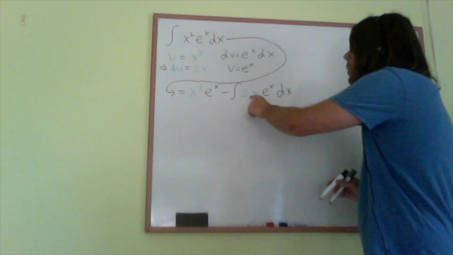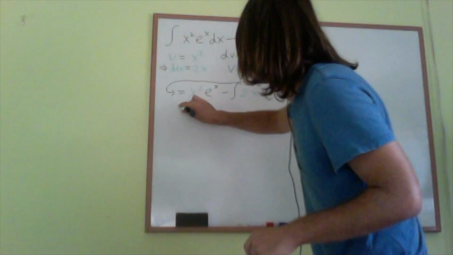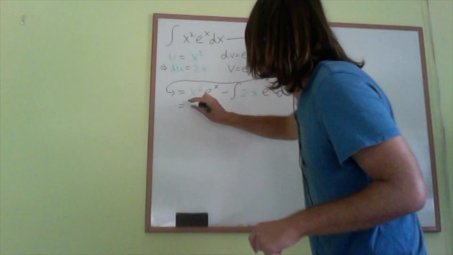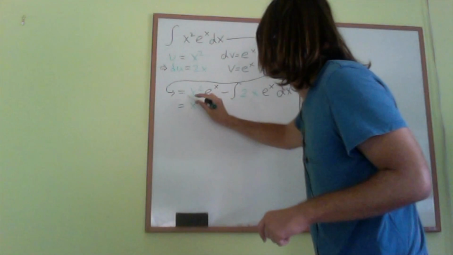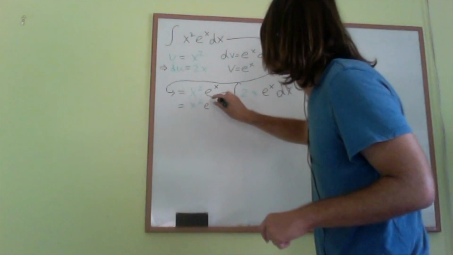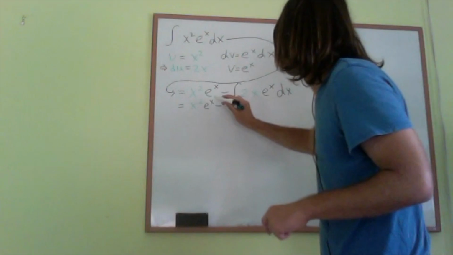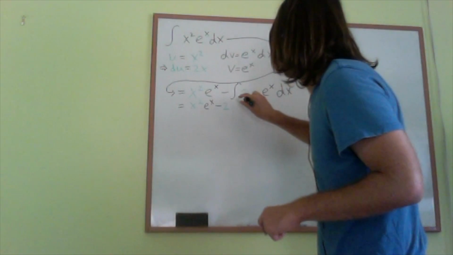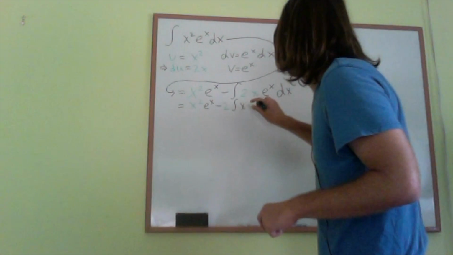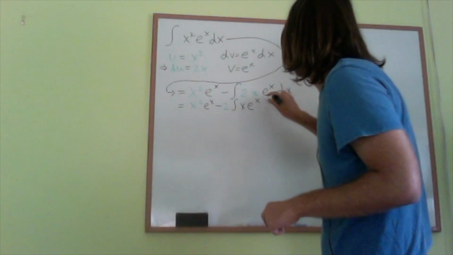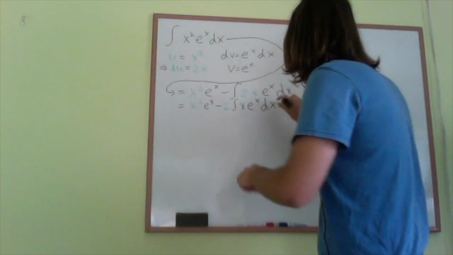Okay, and then I'm going to pull out the 2 here. So we have x squared e to the x minus 2 times the antiderivative of x e to the x dx.